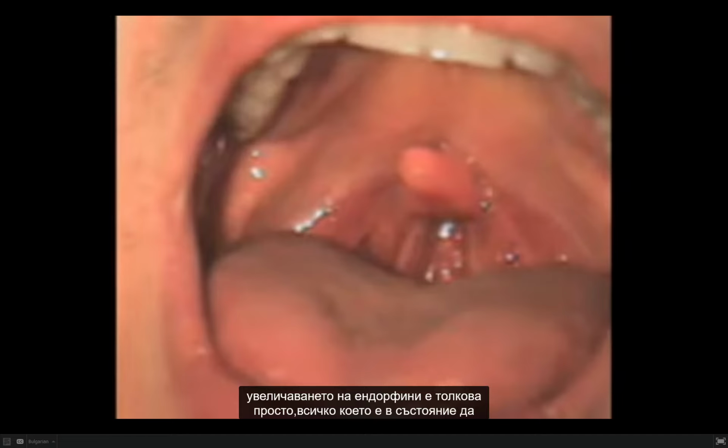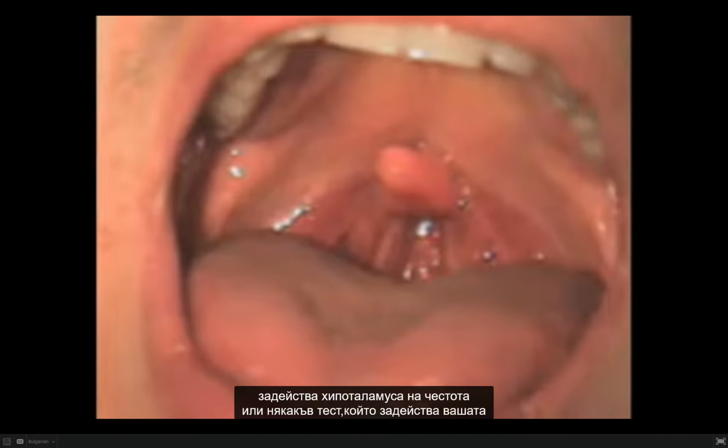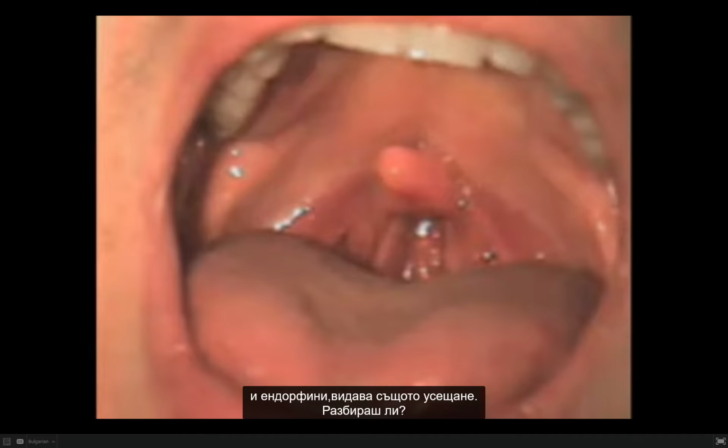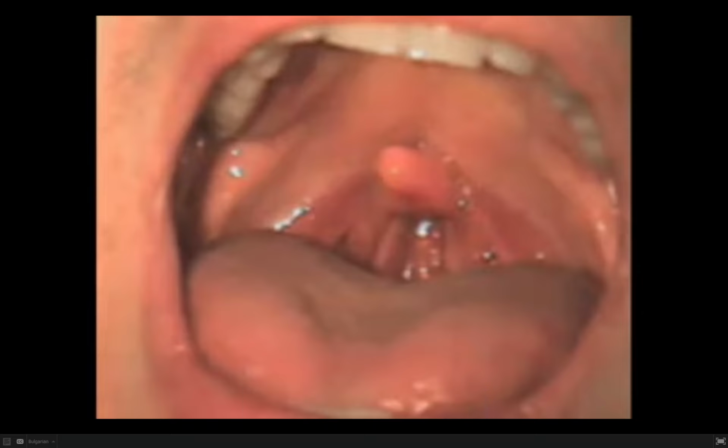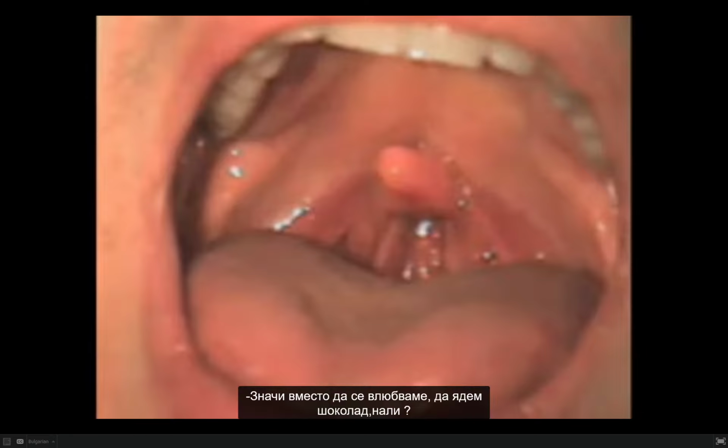Anything able to trigger your hypothalamus with a frequency or some kind of taste triggers the part of the brain where serotonin and endorphins originate and gives you the same feeling. Do you understand? So it is physical. That makes sense. So instead of falling in love, you eat chocolate. Yeah, and also when you are under stress, you need more chocolate.